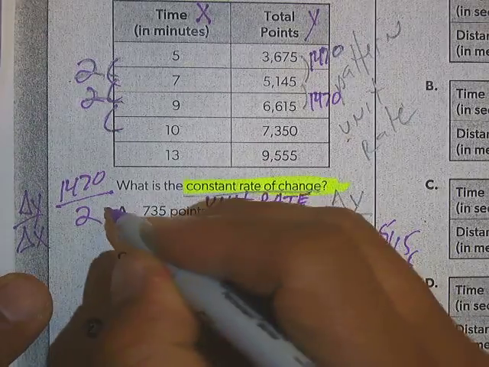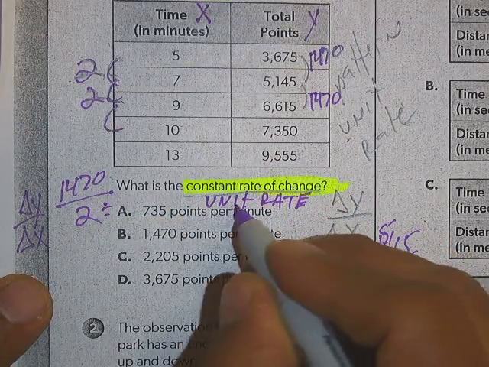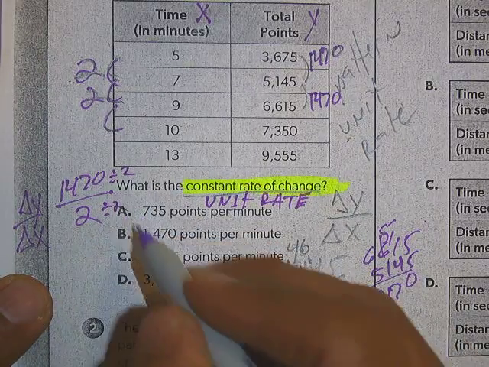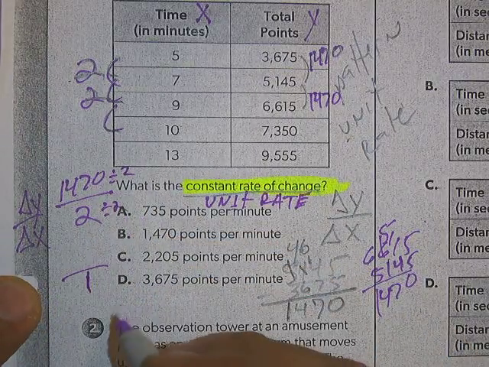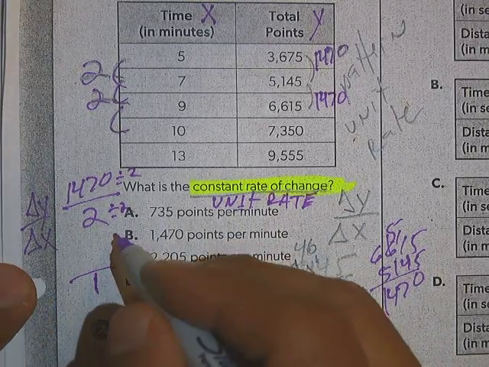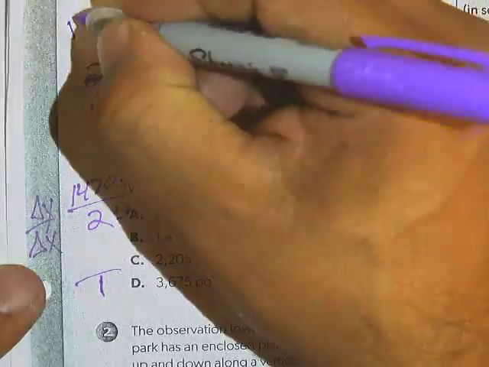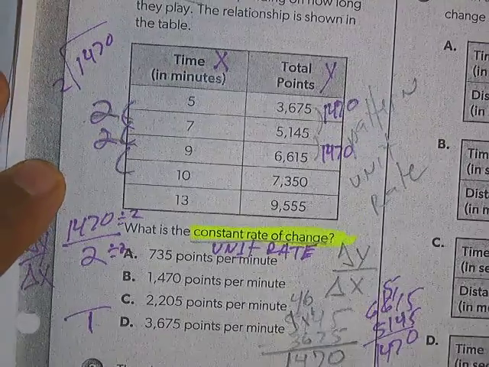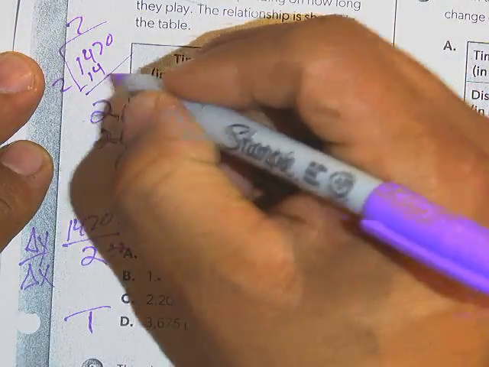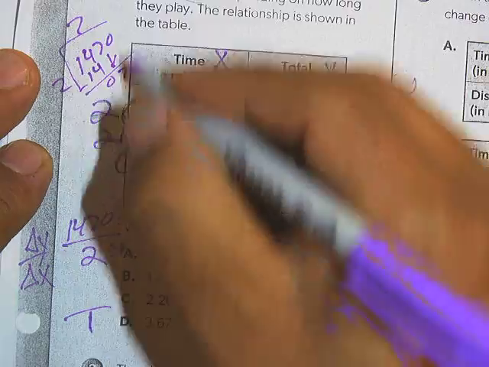So think there, you want to find a unit rate, well, you have a rate. You want a unit rate, that means uni means 1. So you divide by 2 to get your 1 at the bottom. Now you got to figure out 1470 divided by 2. 2 goes into 14 7 times.